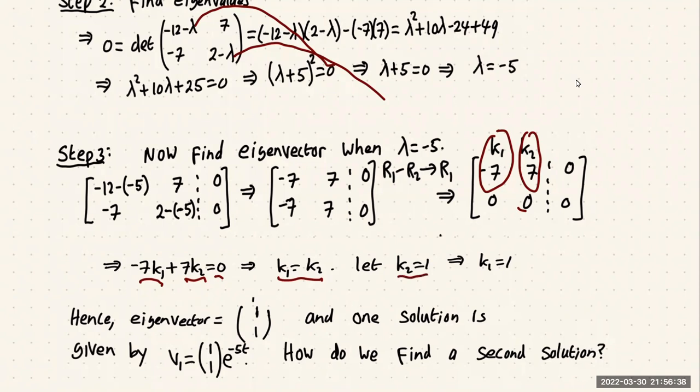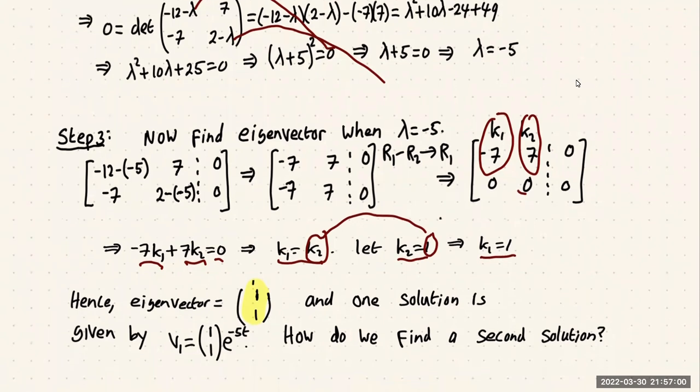Then if you put 1 in place of K2 here, that means K1 would be 1. So the eigenvector will be K1, K2, so it's going to be 1, 1 in our case. And then our solution that corresponds to this eigenvector will be our V1 here. So it's going to be our eigenvector, 1, 1, e to the lambda t, but here our lambda is negative 5.